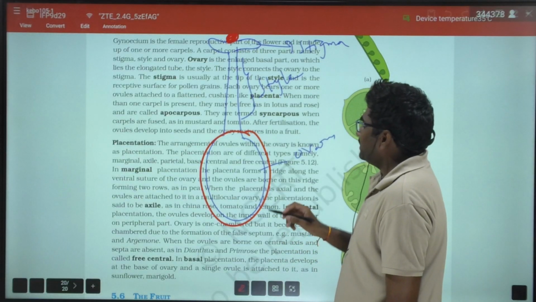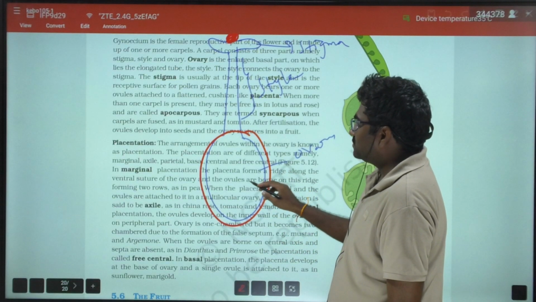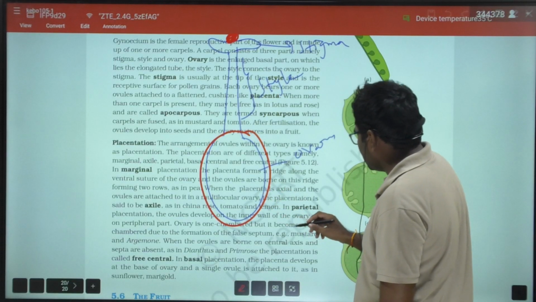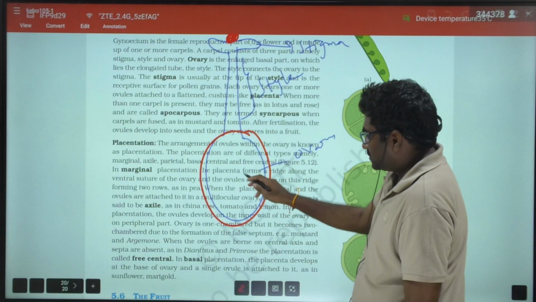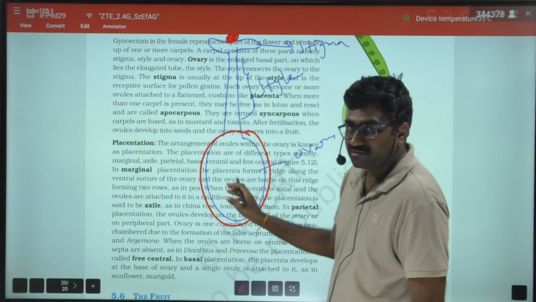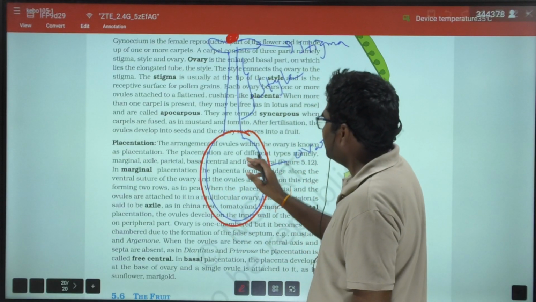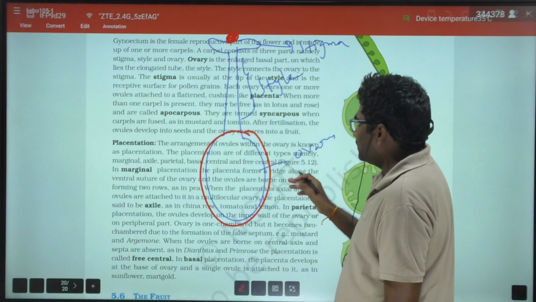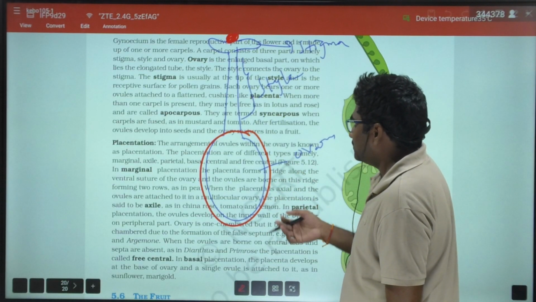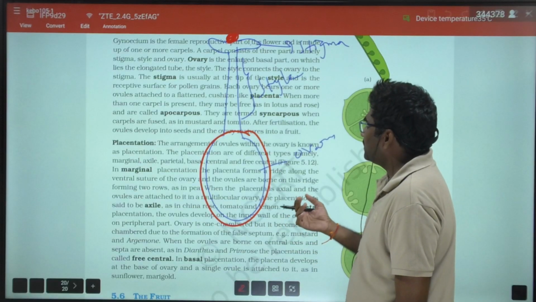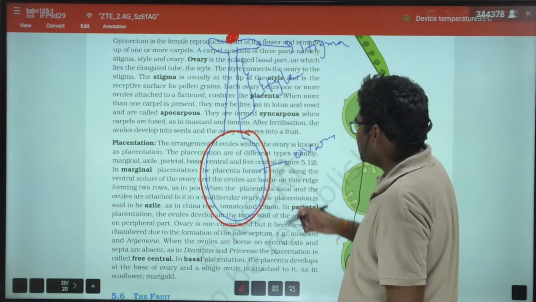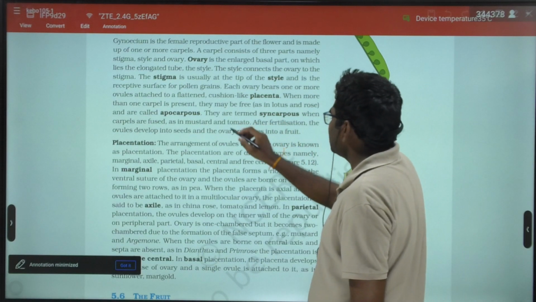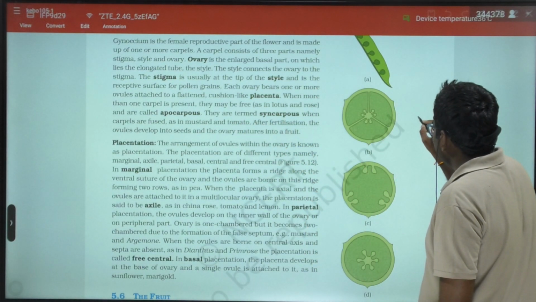Each ovary bears one or more ovules attached to a flattened, cushion-like tissue called the placenta. To this placenta, ovules are borne. The carpels may be free or fused.